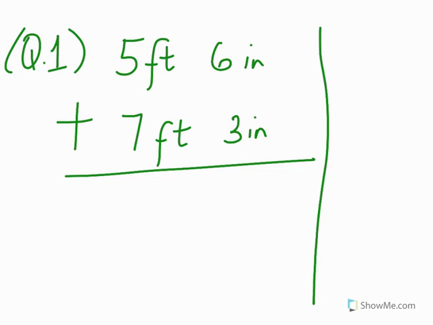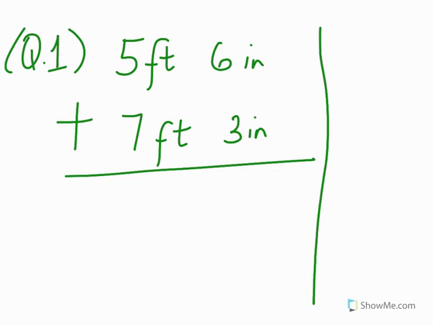Before you add this, you start with the smaller units. You start with the first grade before you go to second grade. So you start with 6 inches plus 3 inches, which is 9 inches. Then after adding it, you now ask yourself, what is the relationship between inches and feet?